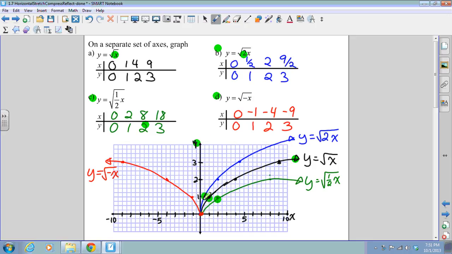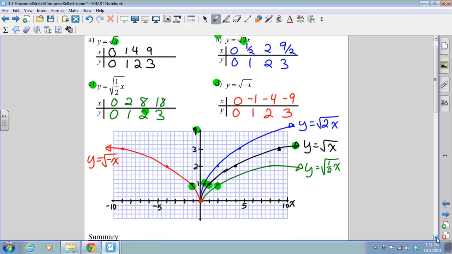So it is basically a mirror. The red graph is basically a mirror image of the black graph by the y-axis. Again, the key point used to be over here on our parent function 1, 1, but here it's -1, 1, which is just its mirror image.